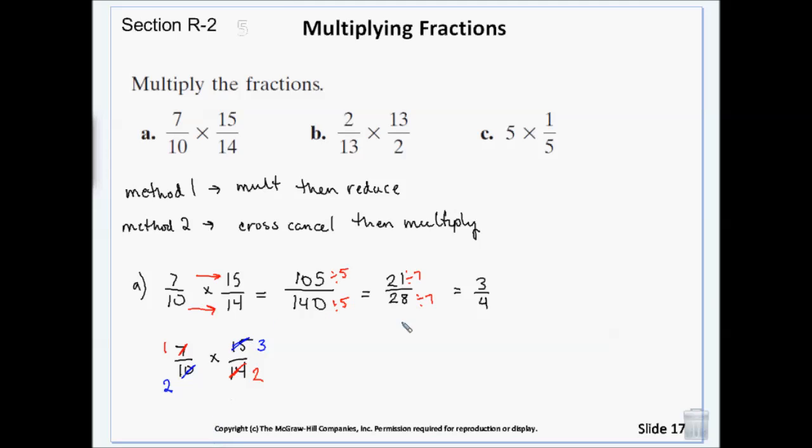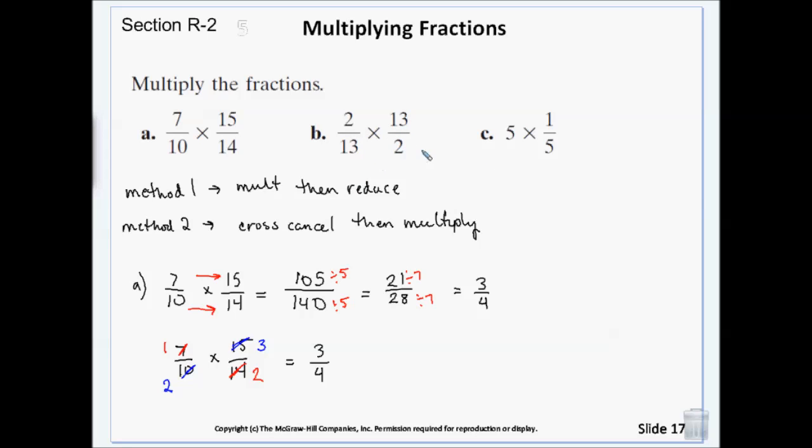Then I multiply. Matter of preference. Get to the same place. So this one would be a really nice one to cross cancel.